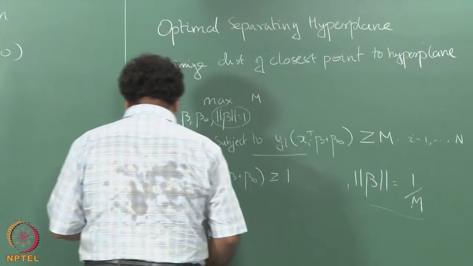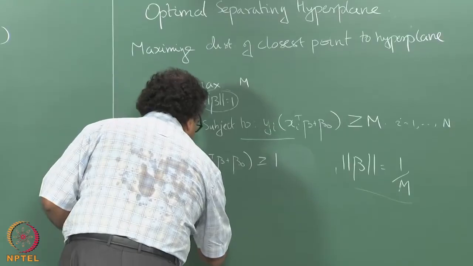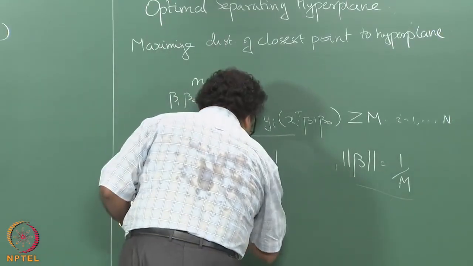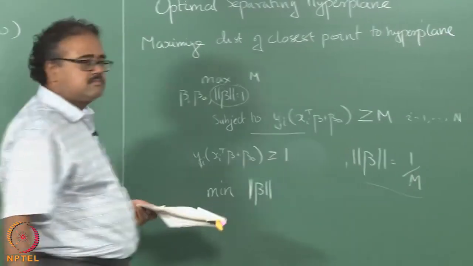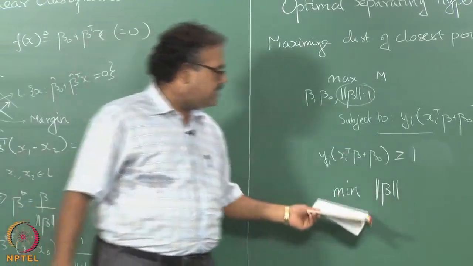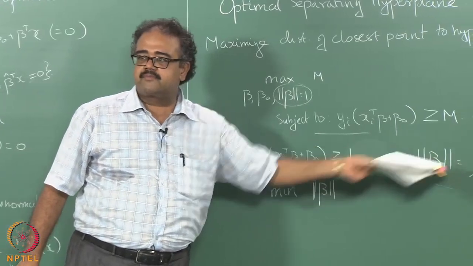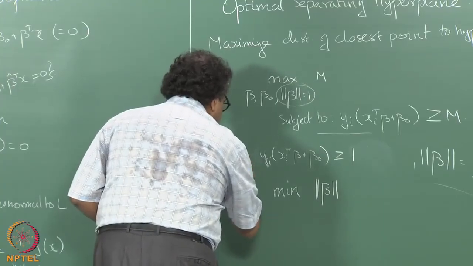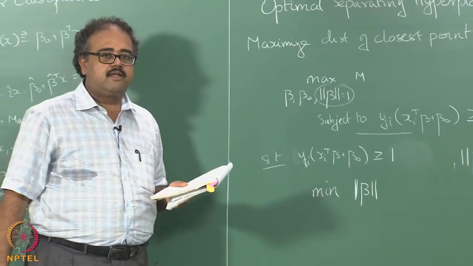But then the objective function also now can change. Instead of maximizing m, I can minimize norm beta because norm beta is 1 by m, right. So I can do that subject to the constraints here, right.